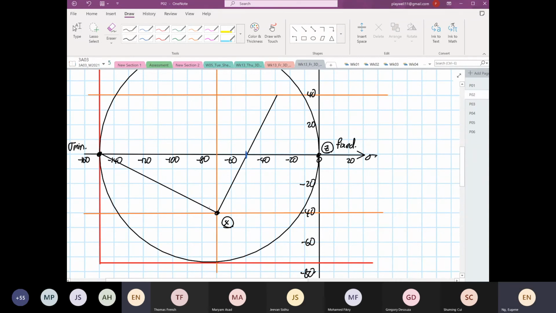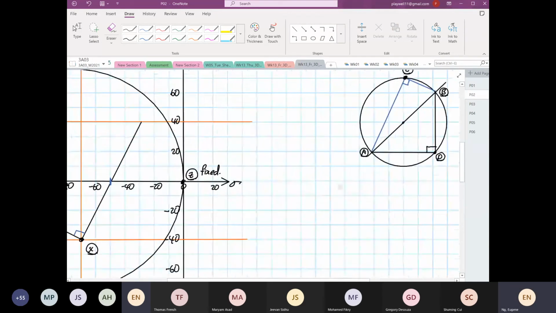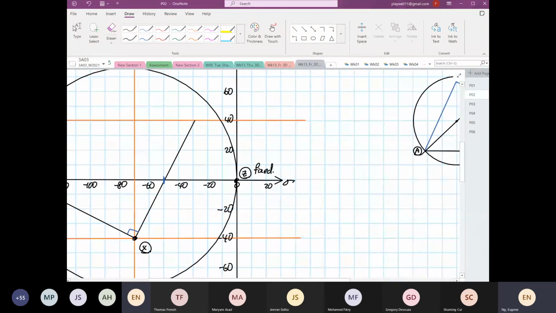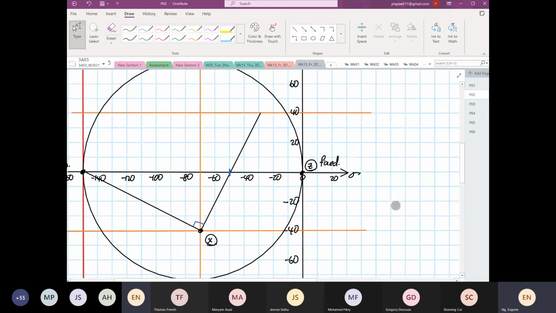Because this is 90 degrees, and this is 90 degrees, and then we intersect at point B. We can construct one circle. So I hope I've convinced you enough that all you need is 2 points to determine the exact location of the circle. So that's what we mean by the rules of the circle.